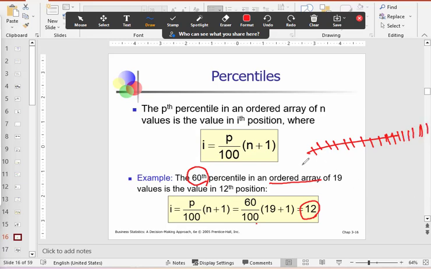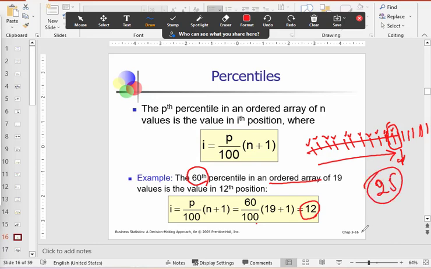If you have 19 observations arranged from lowest to highest value, the 12th position will be your 60th percentile value. So you count 1 2 3 4 5 6 7 8 9 10 11 12. This is the number. It might have some value in the data file, let's say it is 25.